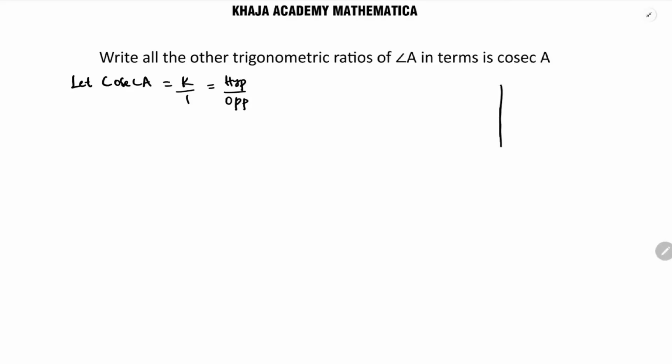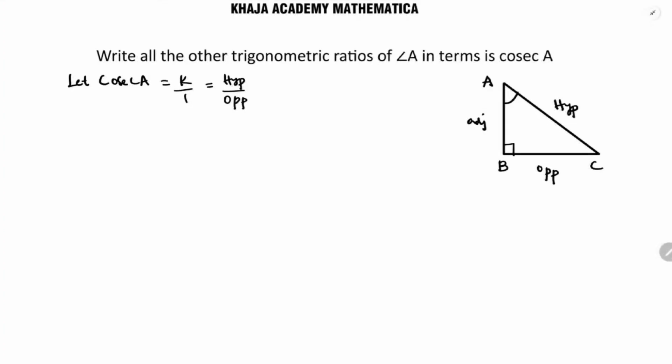So I'll take a right angle triangle ABC. I'll take A over here, B here, C here, right angle at B, angle is at A, so BC will be opposite, AB will be adjacent, and AC is hypotenuse. Hypotenuse is k, opposite is 1.